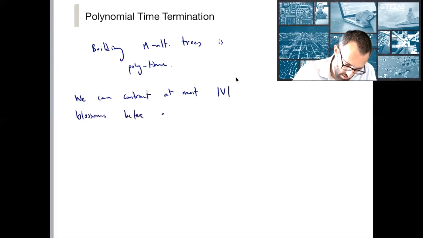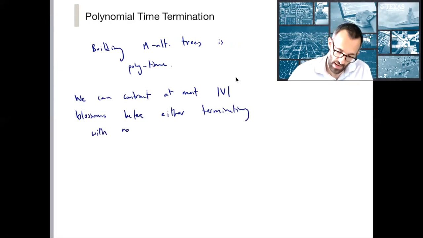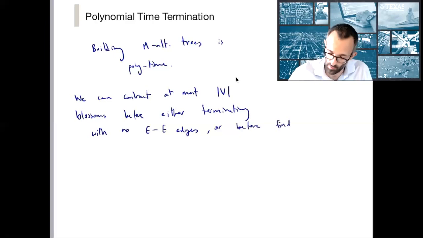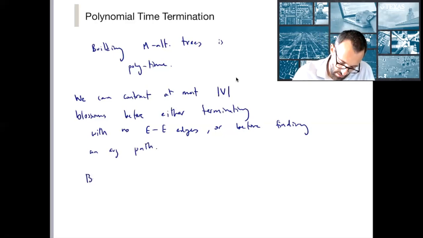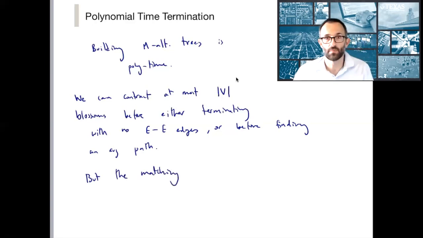before either terminating with a maximal tree that has no even to even edges, in which case we're optimal when we terminate the whole thing, or before finding an augmenting path. And finally, the matching, how many times can it be augmented?